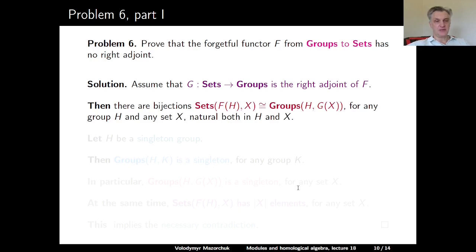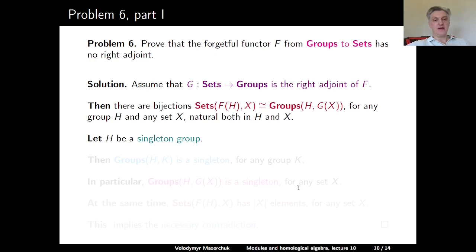Then, by definition, there are bijections for any group H and any set X between the set of all maps in the category of sets from f of H to X and the set of all group homomorphisms from H to G of X, and these bijections are natural both in H and in X.